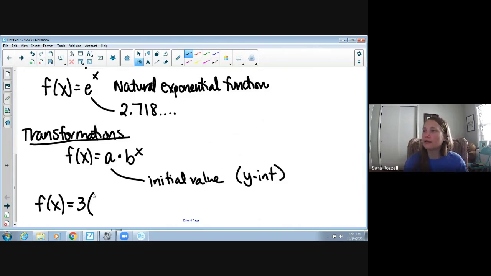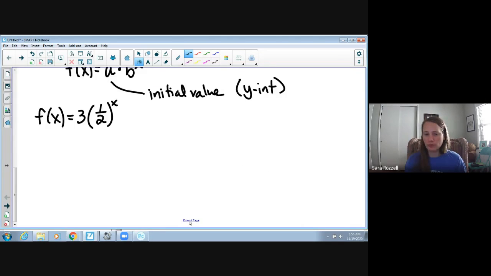And then how about let's do a decay function? You want to cut it in half each time? Okay. So let's do 3 times 1/2 to the x. That means we start with 3, and our number gets cut in half every time. So we're going to graph that.